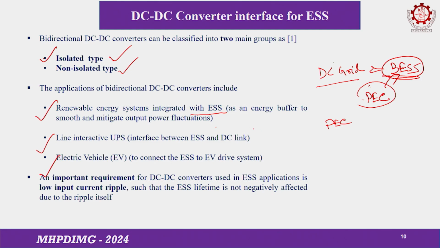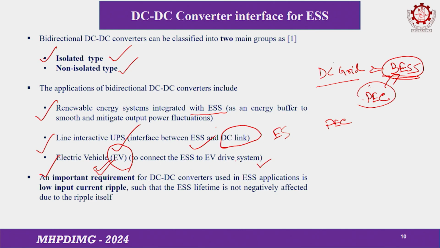Another is the interface between the DC link and the ESS, that is the line interactive EPS. And apart from the microgrid applications, another important factor nowadays is EVs, for EV battery charging. I am talking about the energy storage used in the microgrid for storing the energy, and the EV will be a load.